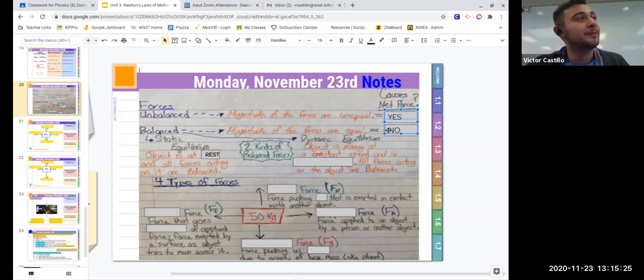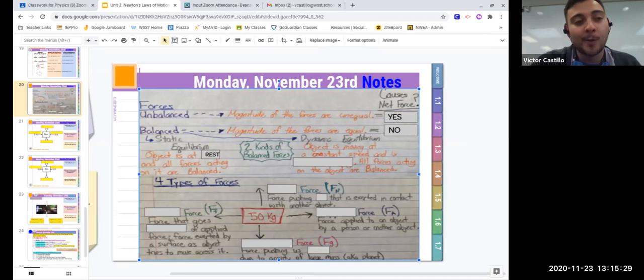Take, for example, a book on a table, or a car parked, or you sitting down or laying in your bed right now. You're at rest. So that means all the forces are equal. They're balanced. So this is considered static equilibrium.